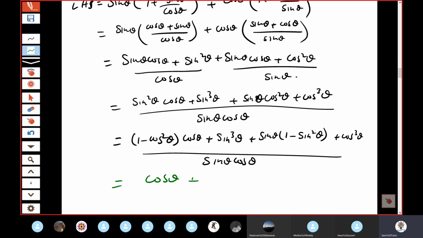You just write cos theta plus sine theta on. Otherwise, everything else cancels out. The sine will cancel out with the sine cubed when you expand it. And all you should have left is cos theta times 1, sine theta times 1 equals right hand side.